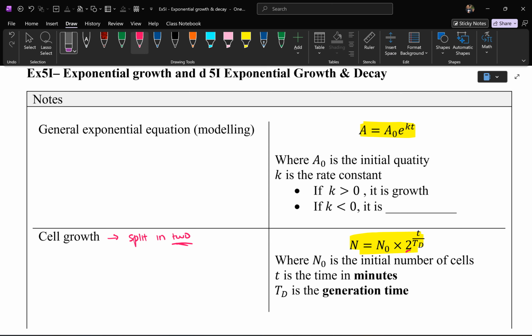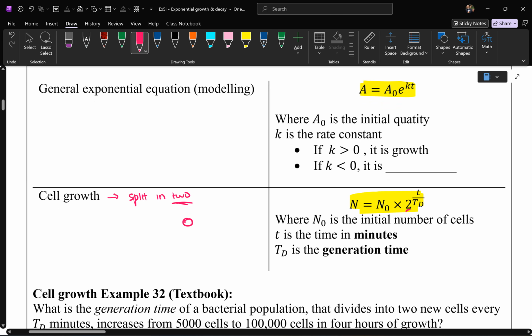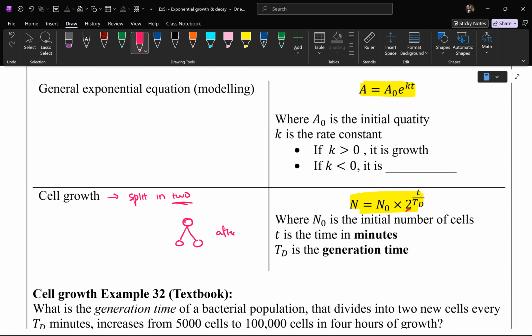What I think students get confused about is when the question asks for generation time. Say if a cell splits, so you start off with one cell and the cell splits up into 2 after, say, 5 minutes.